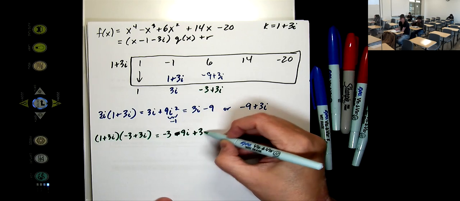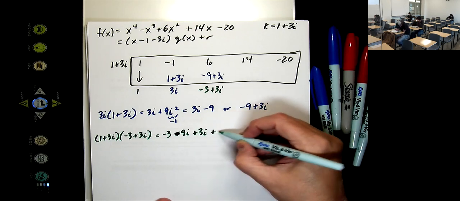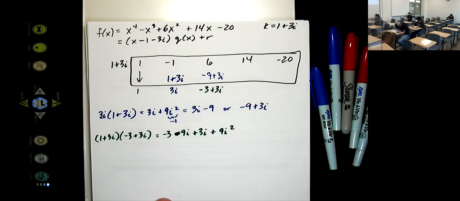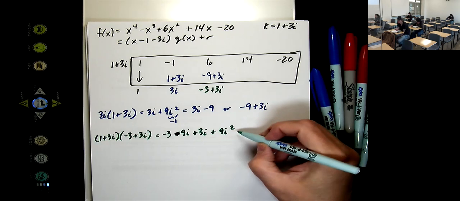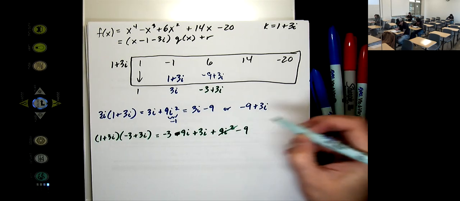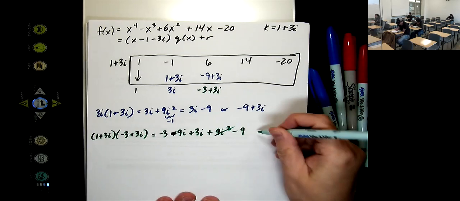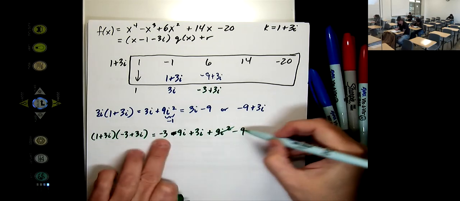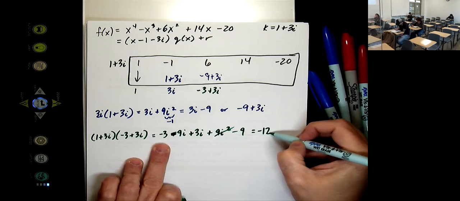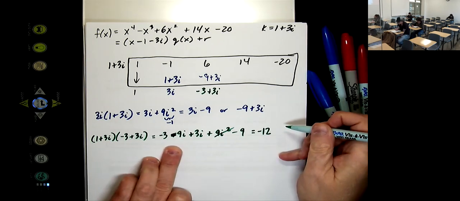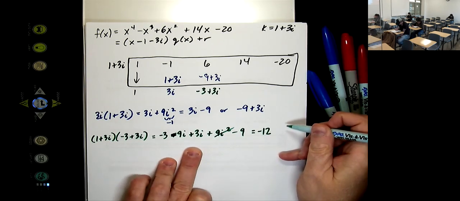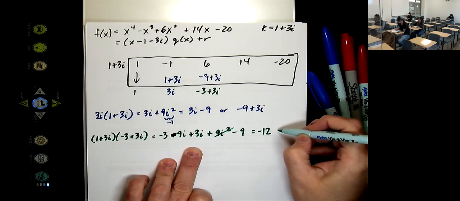Plus 3i. Plus 9i squared. And we know the 9i squared is negative 9, because i squared is negative 1. If I combine these together, I've got negative 3 minus 9 is negative 12. Negative 9i plus 3i is negative 6i.